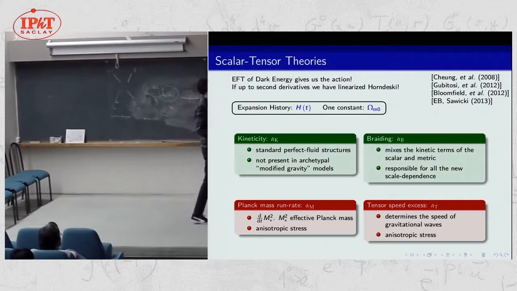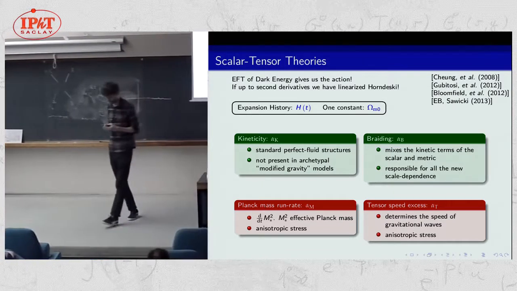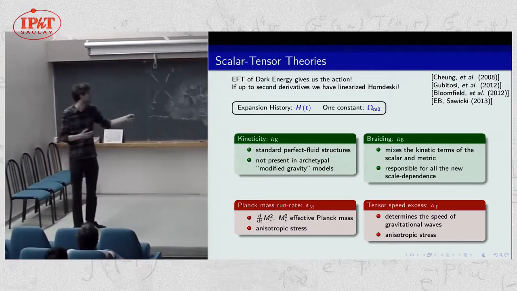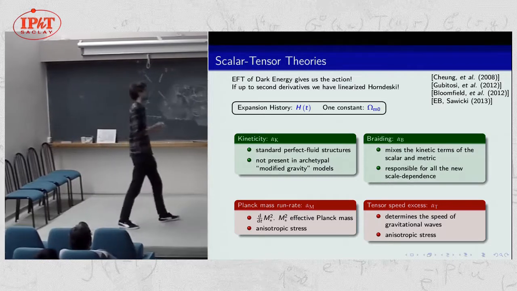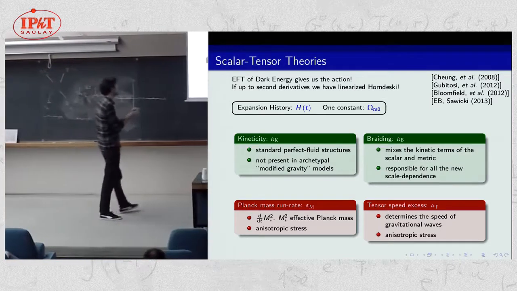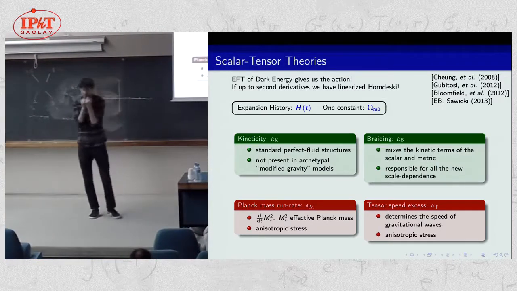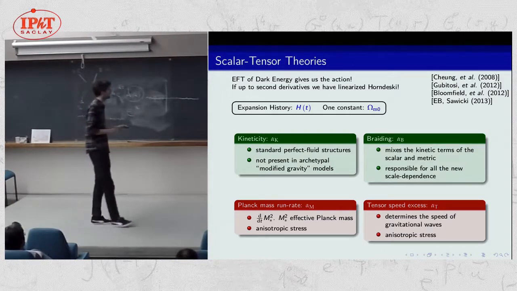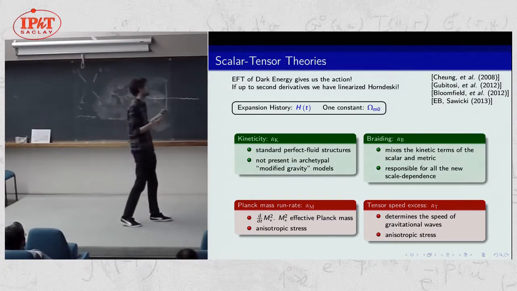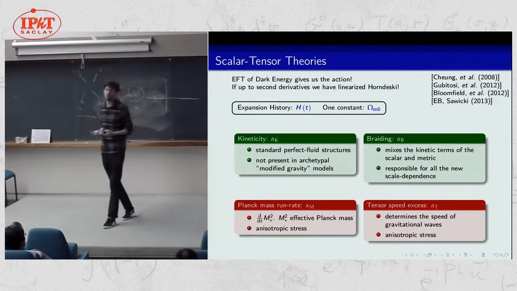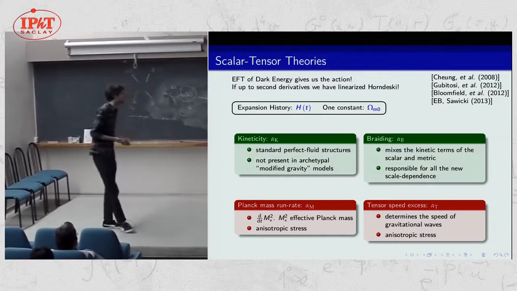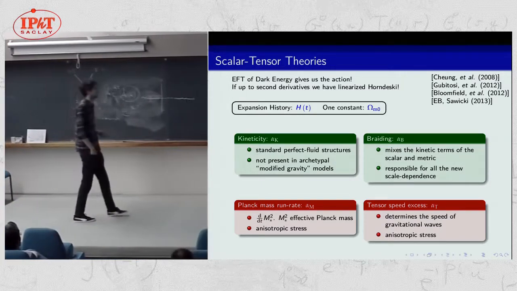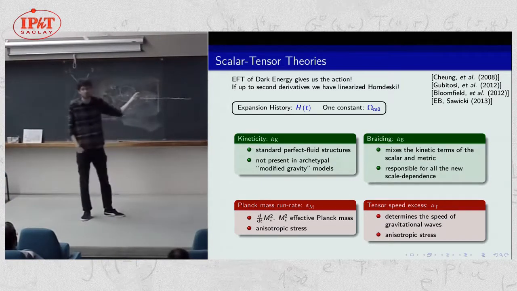The braiding is a mixing between the kinetic term of the scalar and the metric. The Planck mass run rate is the time derivative of an effective Planck mass, defined as the normalization of tensor modes, and the tensor speed excess determines the speed of gravitational waves. This is something that is known. You can express it in a different basis, in the original basis.